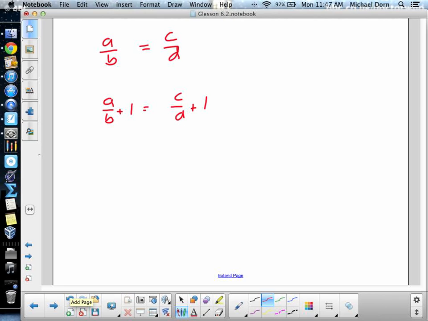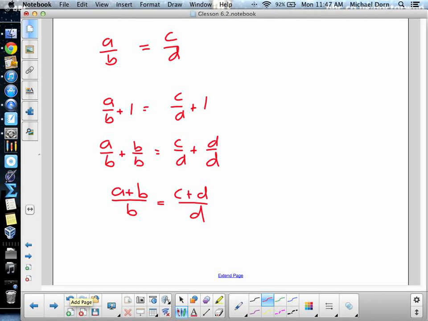But I have to have a common denominator in order to add. So that's A over B plus B over B, because B over B is 1, equals C over D plus, it's not going to be B over B, it's going to be D over D on this side, isn't it? Because that's the common denominator on that side. So I get A plus B over B equals C plus D over D.